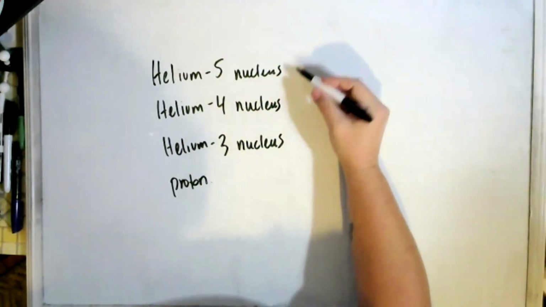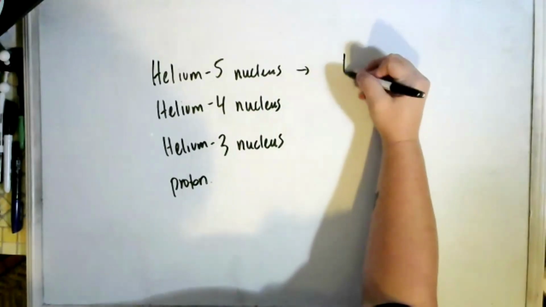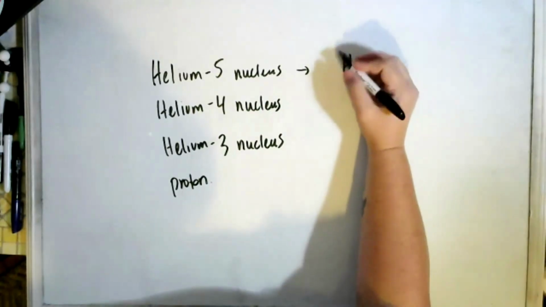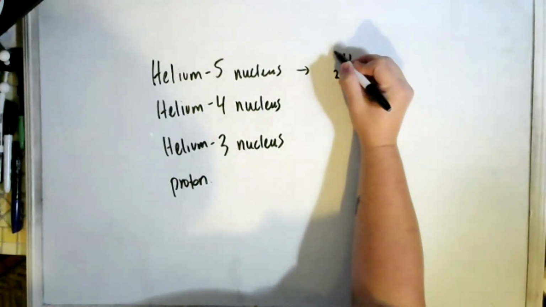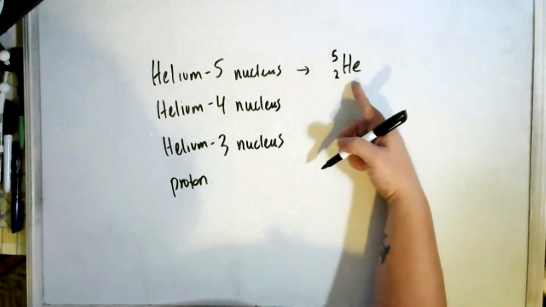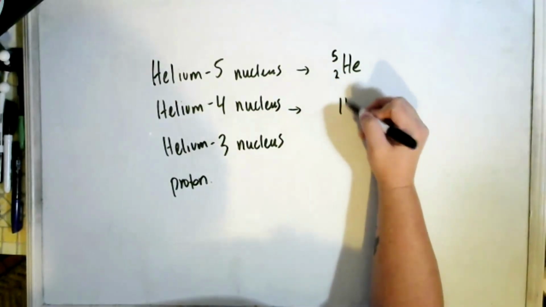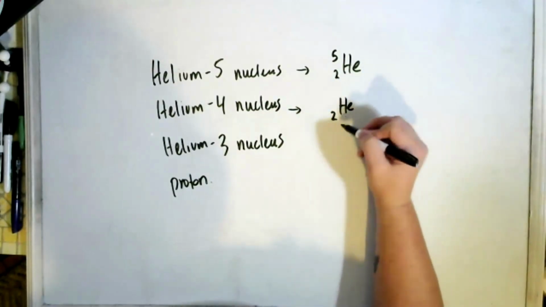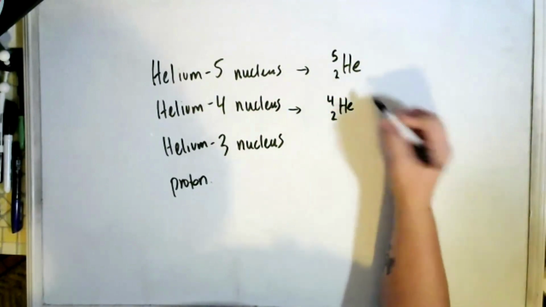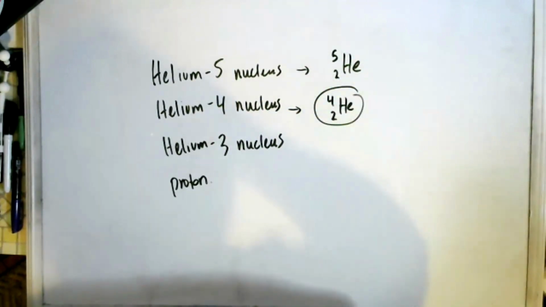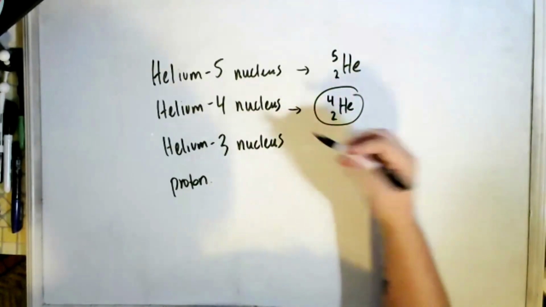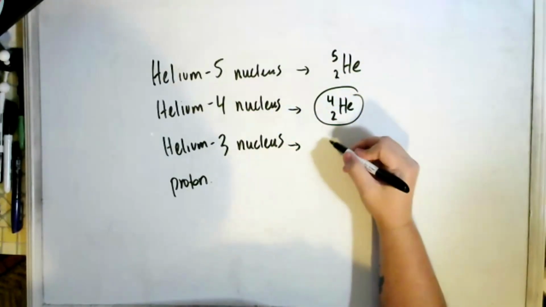When they say a helium-5 nucleus, they're talking about something that's helium, and it's going to have 2 protons and a mass number of 5. That does not look like the alpha particle we've discussed before. Helium-4 nucleus, helium, 2 protons, mass number of 4. That looks exactly like the alpha particle we've been talking about in class.